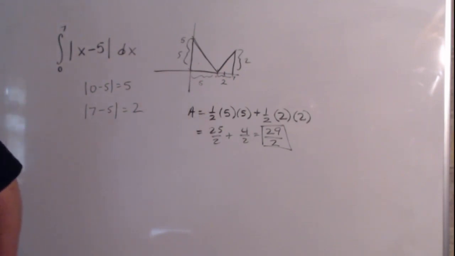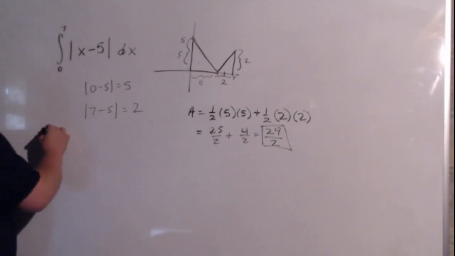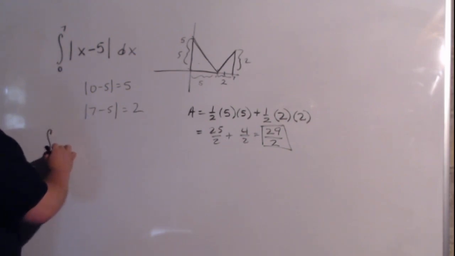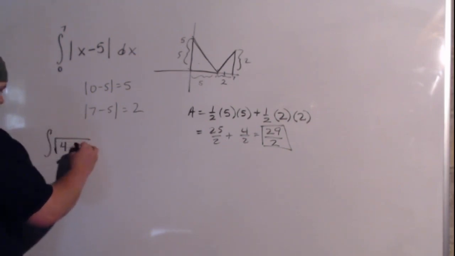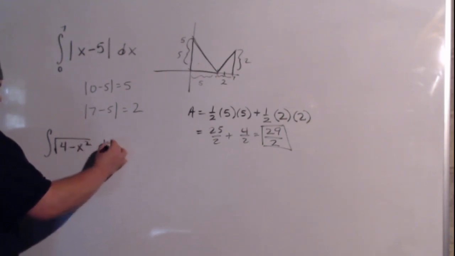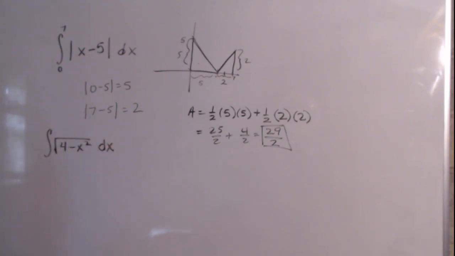And then let me go ahead and finish up here with the last one, which is the square root of (4 minus x squared) from 0 to 2.